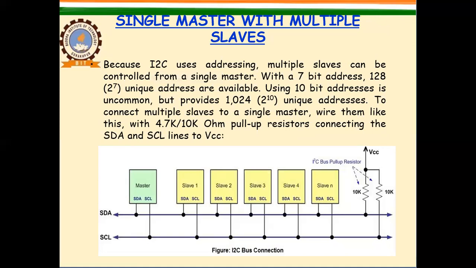Here you see in this diagram how a single master is connected with multiple slaves in I2C. If you are using a 7-bit address, a total of 128 unique addresses can be generated. 128 slaves can be connected through a single master if you are using a 7-bit address.